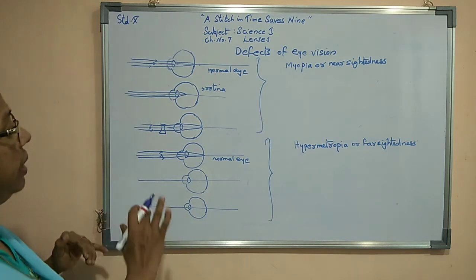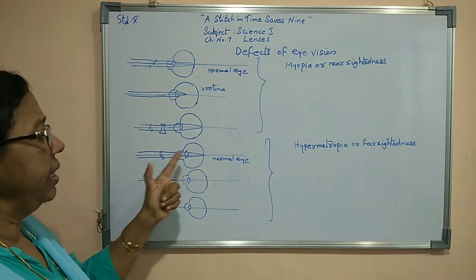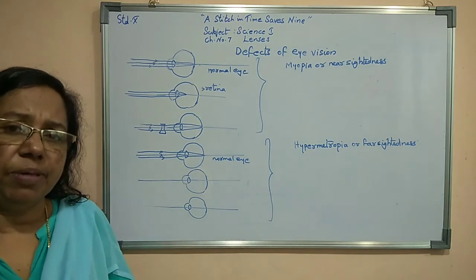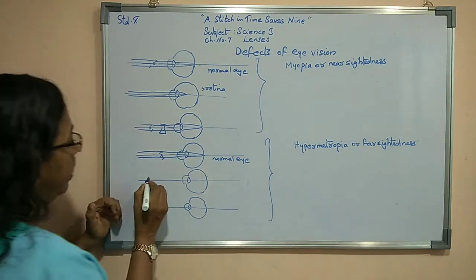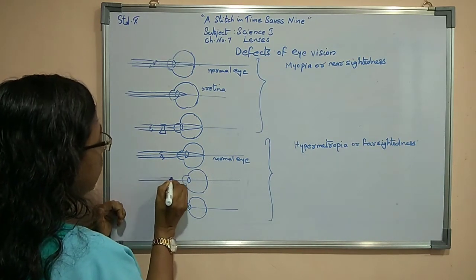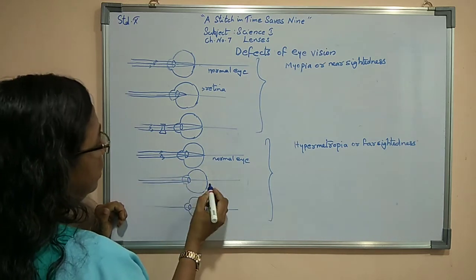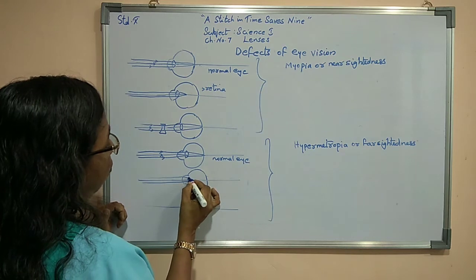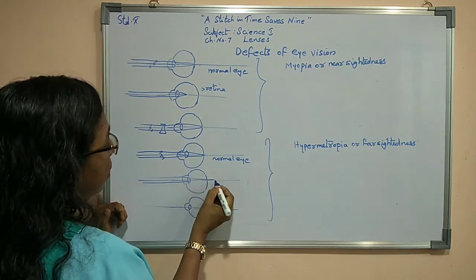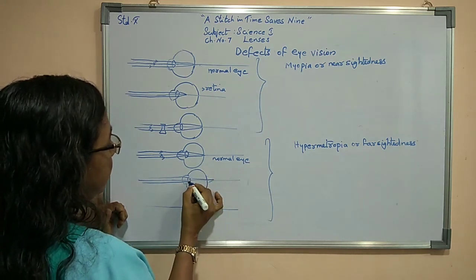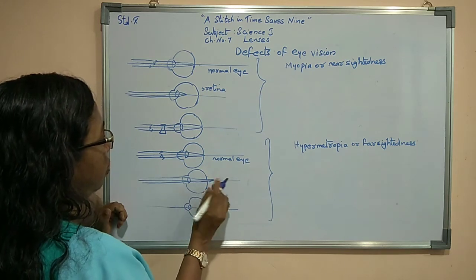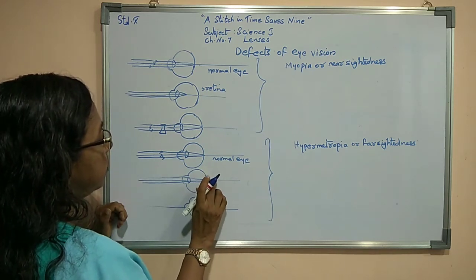But if there is a hypermetropia problem, then again we will see the rays of light coming from the object falling or converging beyond the retina.